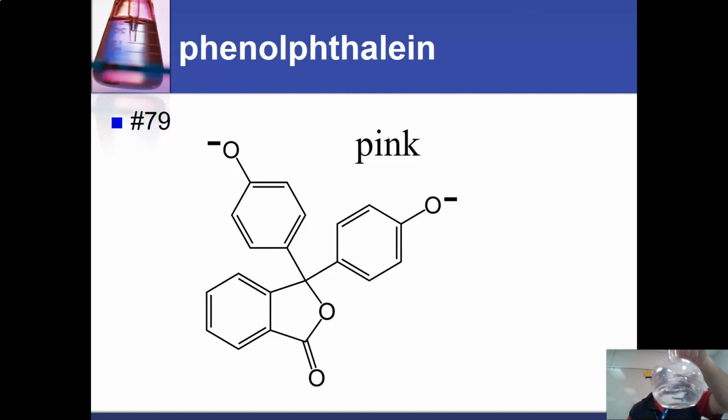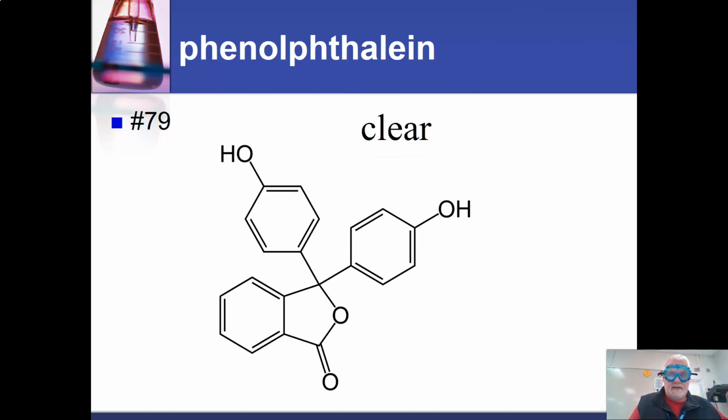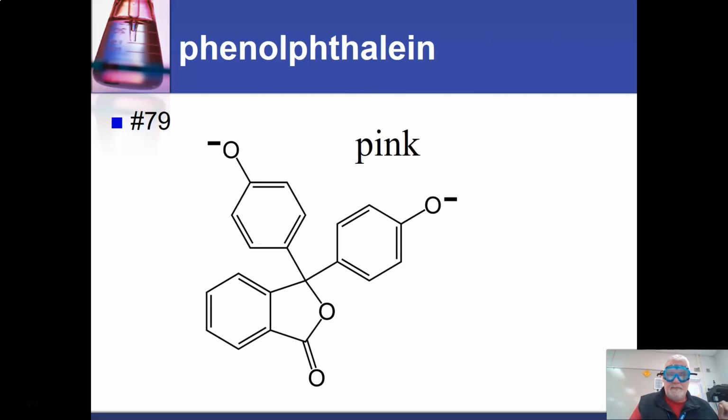And there you go, back to clear. That's just because you added those hydrogens right back on there. And that's number 79. Pink when it's a base, and clear when it's an acid, because of the gaining and losing of those hydrogens.